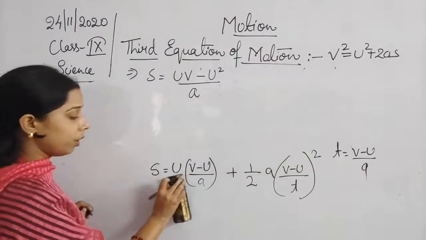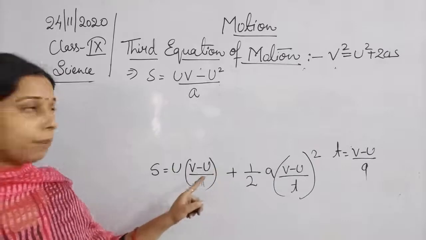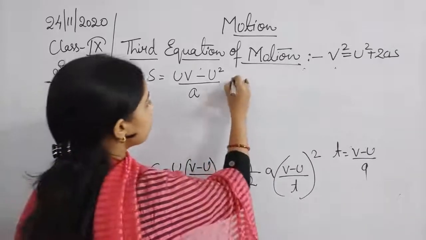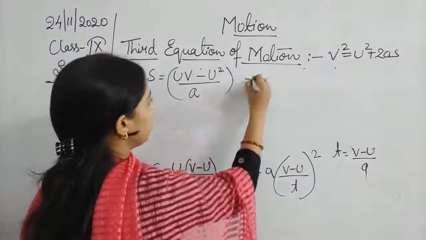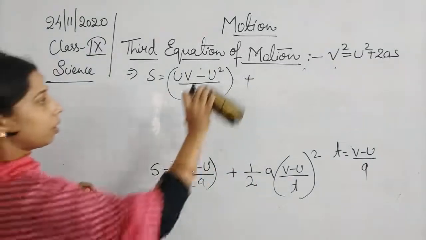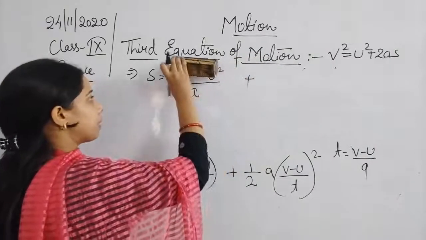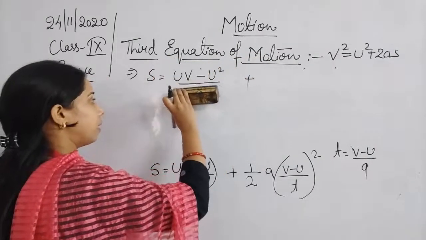Otherwise you know that you will multiply with the V and U again. Now, this is plus, so there is no need of putting the bracket because the plus sign is already there.